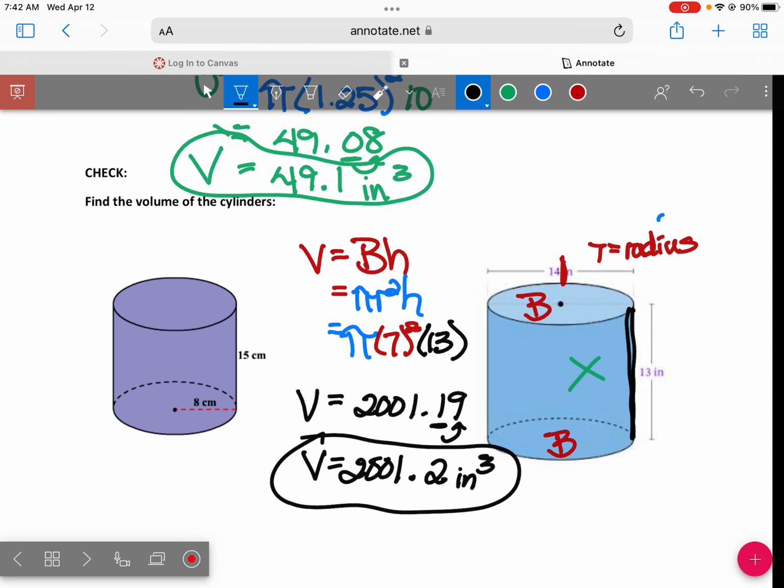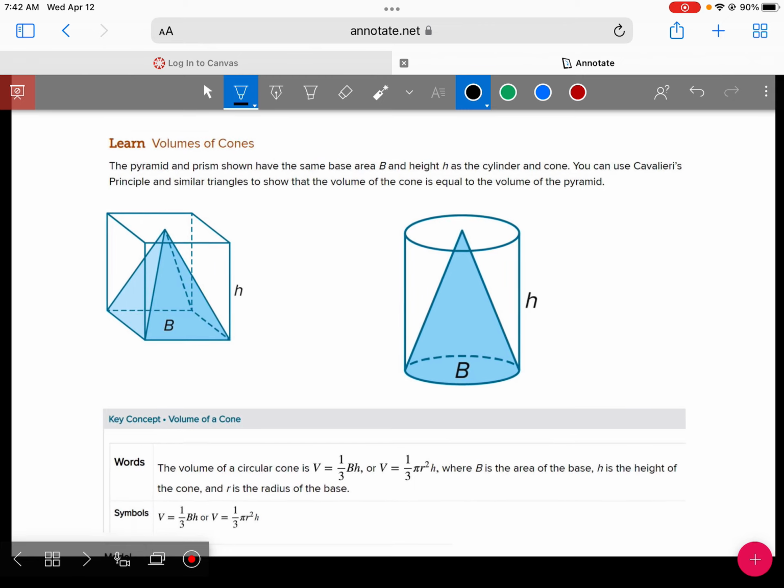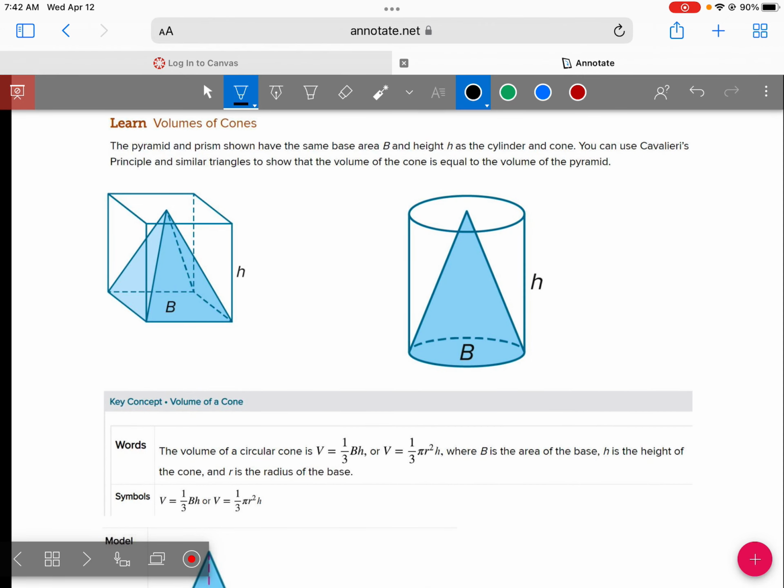Okay, so this is another one of Cavalieri's principles. This is nice to know, not vital. But if you have a pyramid and prism, they have the same base area.